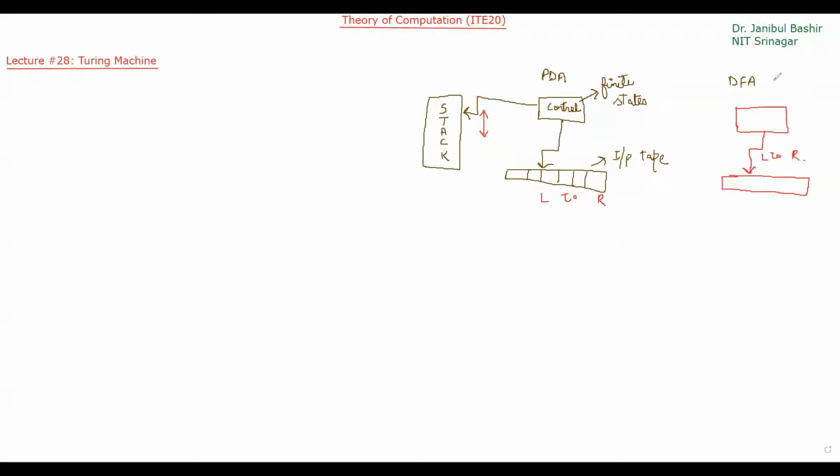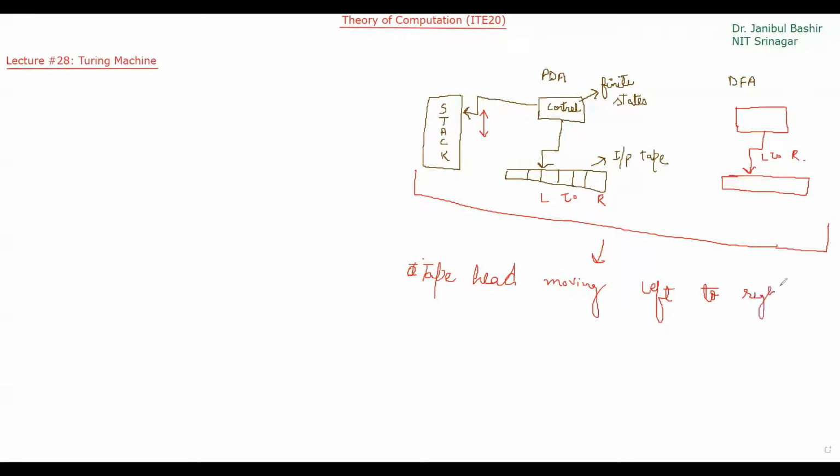In both PDA and DFA, the tape head moves from left to right, and the automaton stops when the input ends, or when the tape head reaches the last symbol of input.